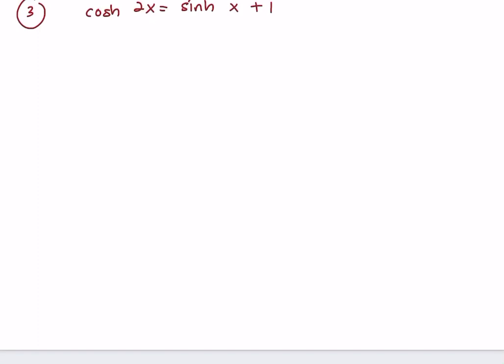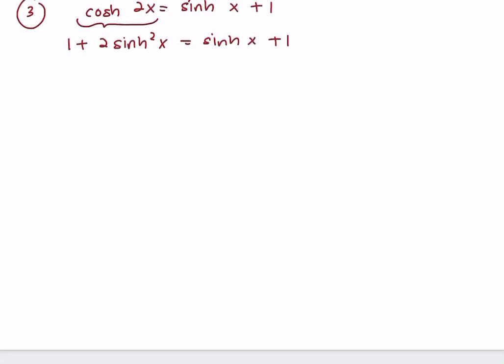For this case, since we have cos and sin, normally we need to change to one function only. So for example, let's say we change to sin. We know that cos 2x is basically 1 minus 2 sin squared x, equal to sin x plus 1. So basically we need to use the identities. So cos 2x is equal to this one.